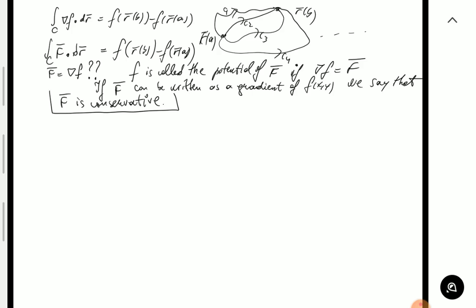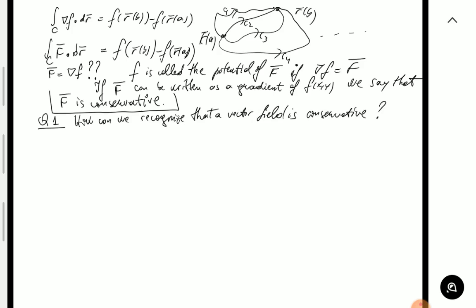All right, so then the question is, how do we find the potential? Because obviously it's advantageous. In fact, there are two questions we have to address from this point on. Question number one: how can we recognize that a vector field is conservative, that is to say, that it has a potential?